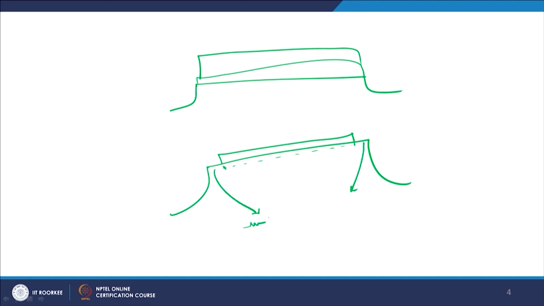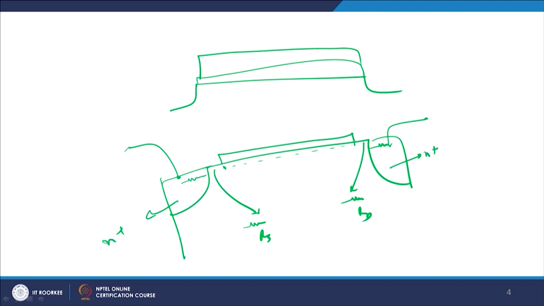This is known as source resistance RS, and this is drain resistance RD. Assuming that you have a contact here and a contact here, there will be some finite resistance here and here. Even though this is N plus and this is N plus, I can safely assume there will be some finite resistance, howsoever small. That plus the series resistance gives you the value of RS, and this plus the series resistance on the drain side gives you the value of RD.